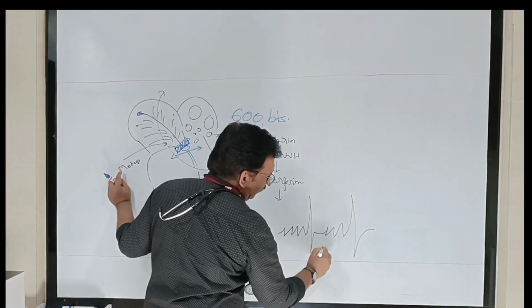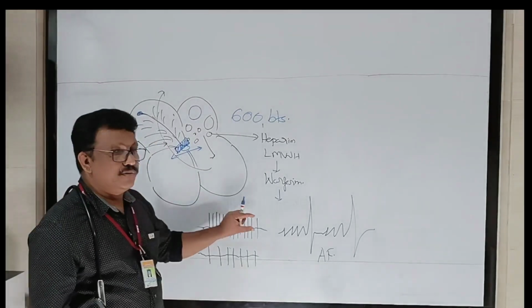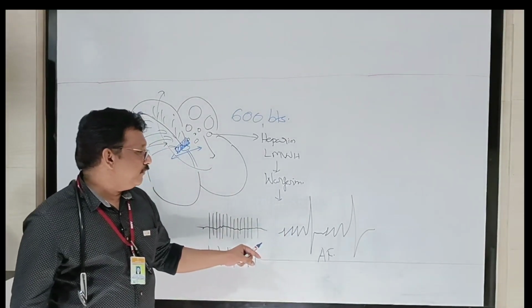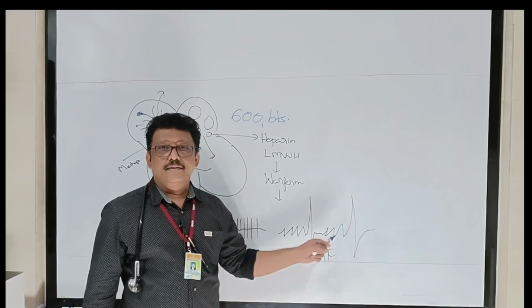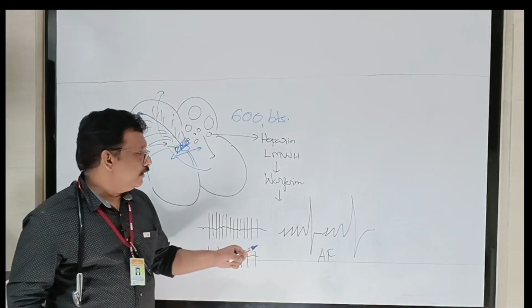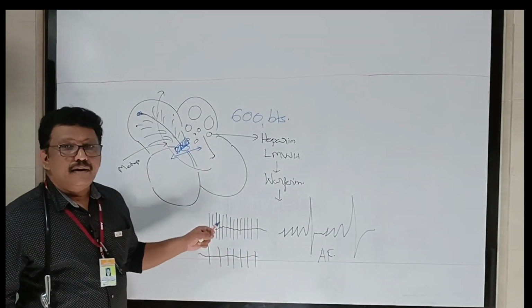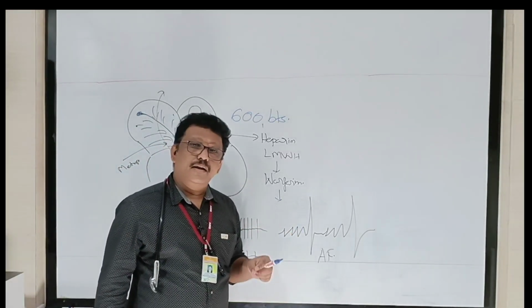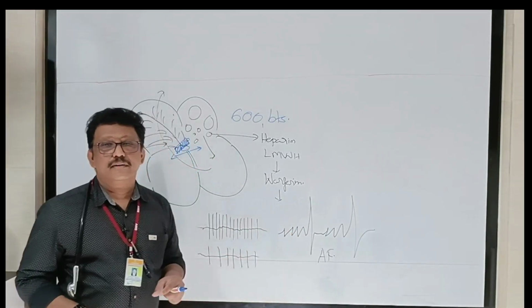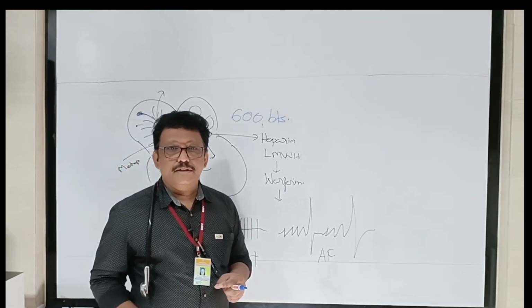This is called atrial flutter. It's a more refined form of atrial fibrillation, but in the emergency room we will not be acting on this rhythm because the rate is already controlled. So we need not worry about atrial flutter. We are worrying mainly about atrial fibrillation with rapid ventricular rate or multifocal atrial tachycardia. These are two important rhythms we should learn, and we should try to control the rate in the emergency room. Thank you.